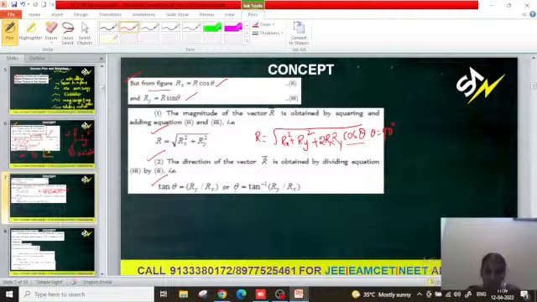Or you can write theta is equal to tan inverse of Ry by Rx. So when a vector resolves into its components, the magnitude of that vector is under root of Rx square plus Ry square. Direction of the vector is tan theta is equal to Ry by Rx.